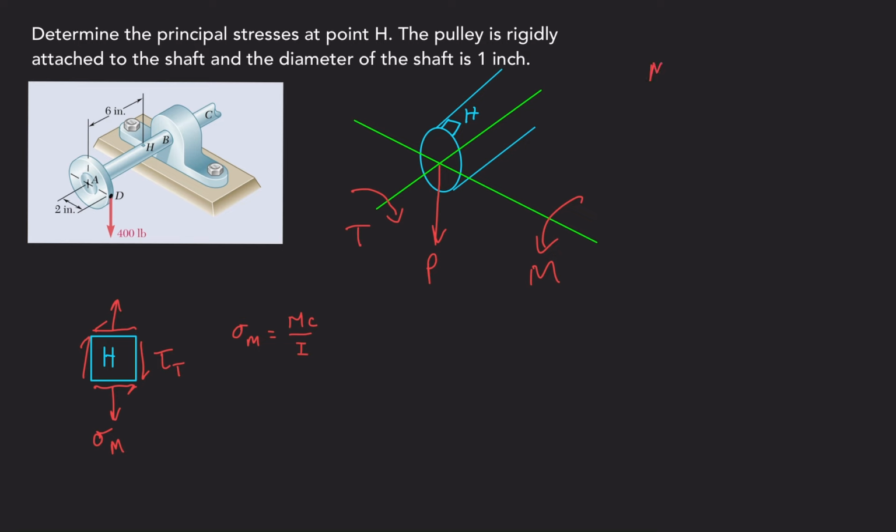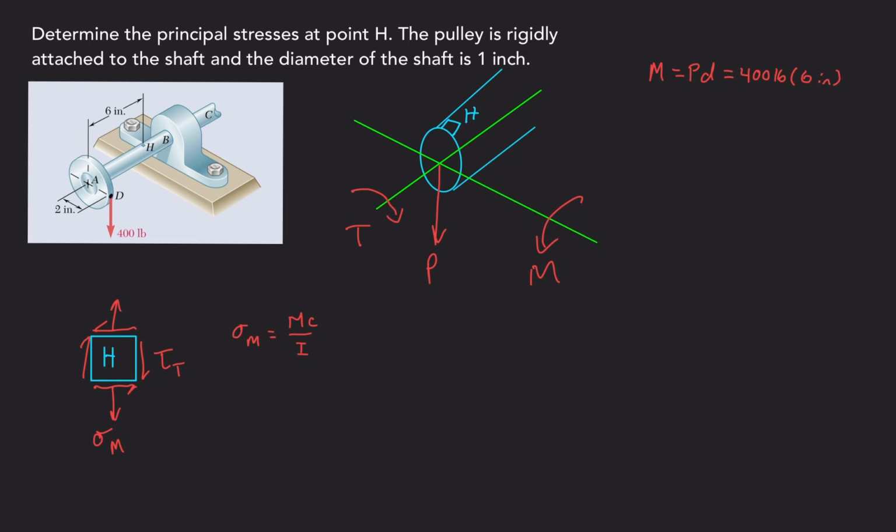What is M? M equals FD. Maybe I'll call it PD since I've written PD. So that's 400 pounds. And that bending moment is acting at a perpendicular distance of 6 inches. So this would be 6 inches.